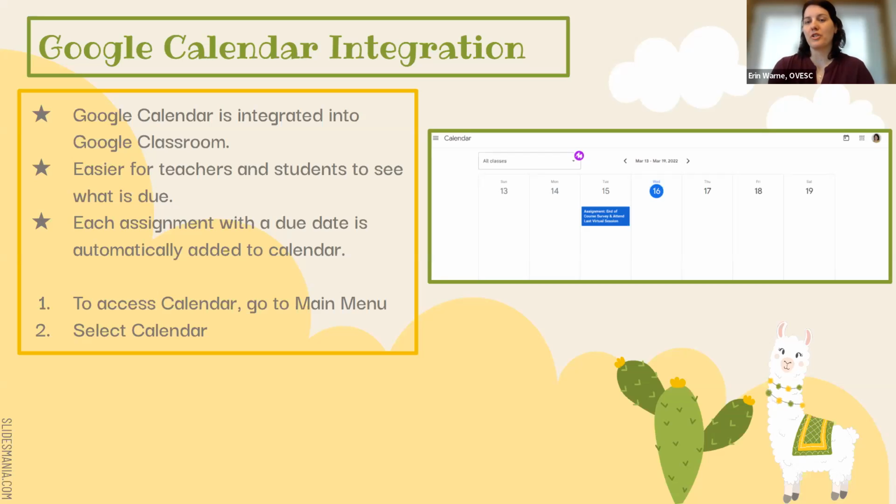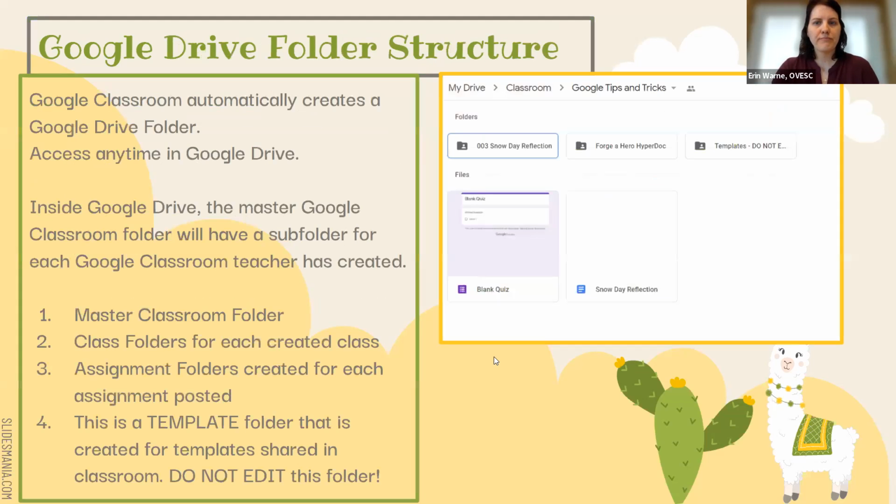You as the teacher, you can kind of get a sense of when things are going to be going, especially if you're doing projects or things like that. So it's a very handy thing. You can get to the calendar either through the main menu, or you can also get to the calendar. It has it on the Classwork page as well. You can access that at any time.